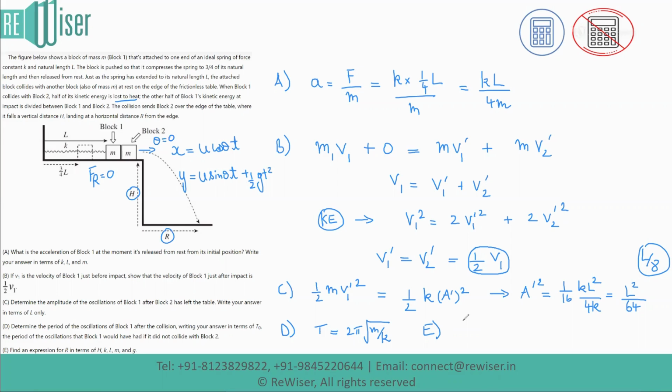Through simple substitutions in the equations or through the standard formula, we find that r is equal to half square root of k L square over 16m, times root 2h by g. We can simplify the equation further, but the answer remains the same.